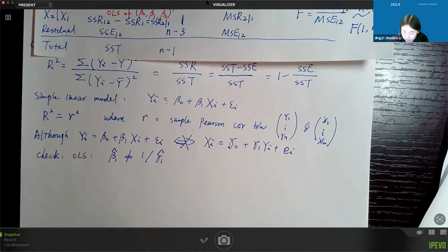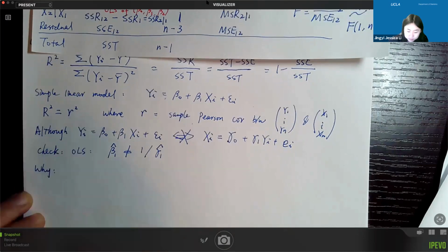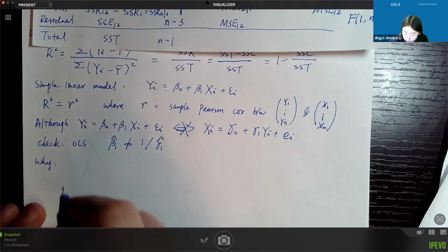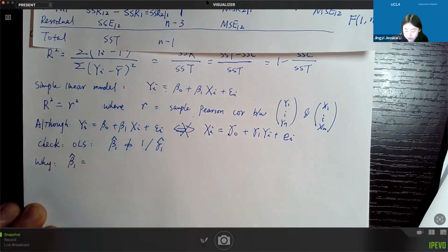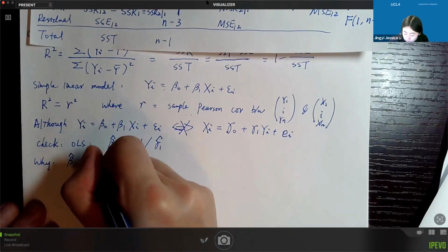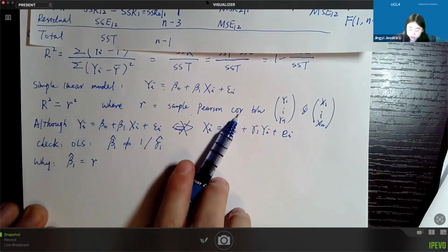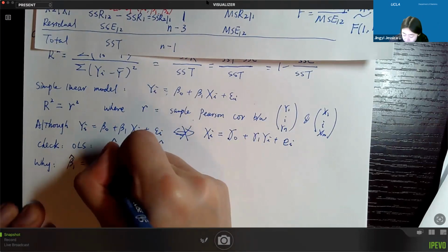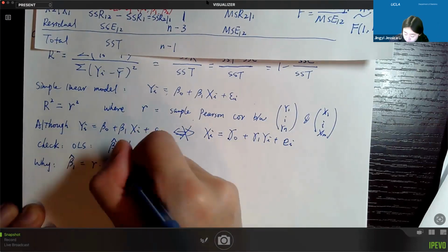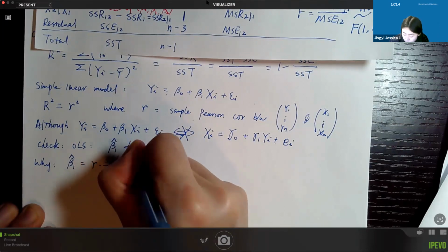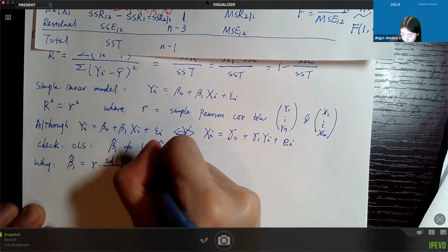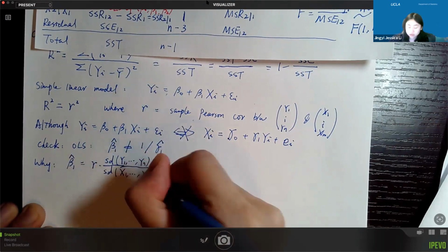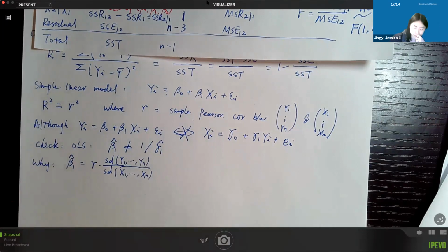The reason is, for the simple linear model, we have this interesting formula for the coefficient. Beta 1, for the simple linear model, is equal to R, which is the same R here, the sample Pearson correlation, times the standard deviation of y1 to yn, divided by the standard deviation of x1 to xn. That's the formula we have for the slope in the simple linear model.